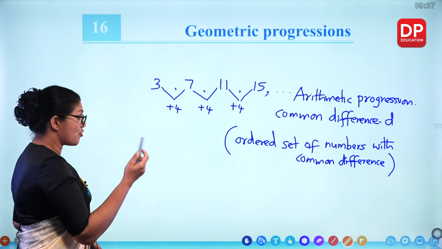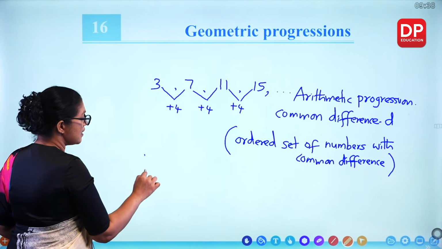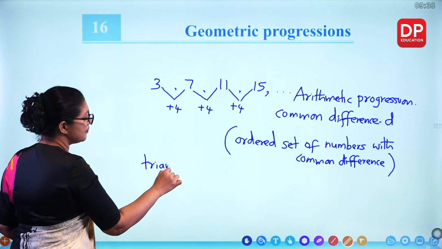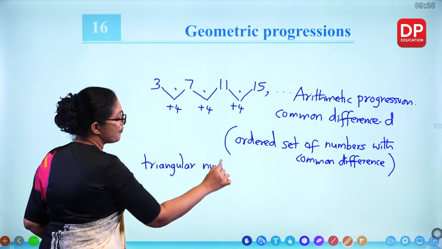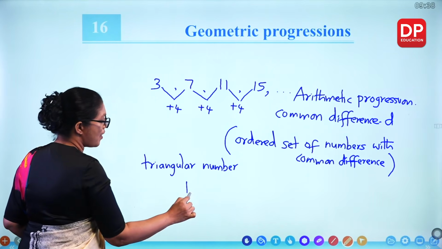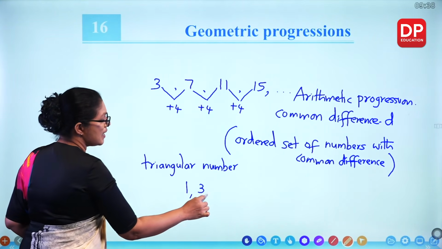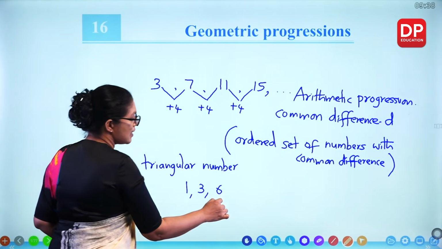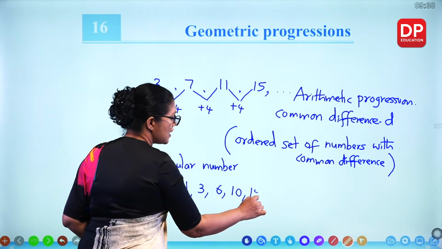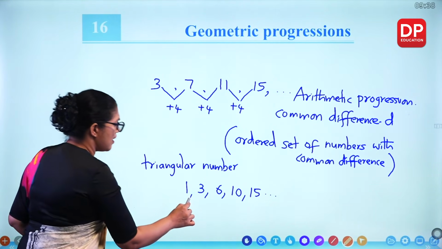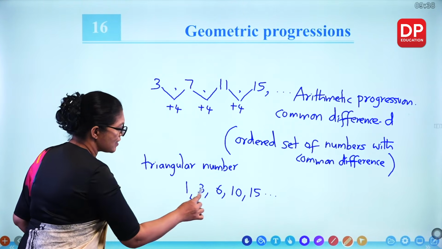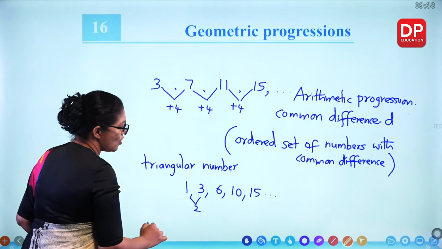But if we take triangular numbers, what are triangular numbers? 1, 3, 6, 10, 15. Those are triangular numbers. What can we say about the difference? Here we are adding 2.